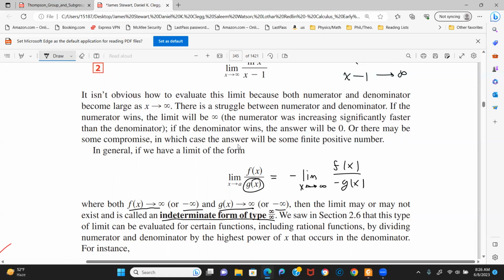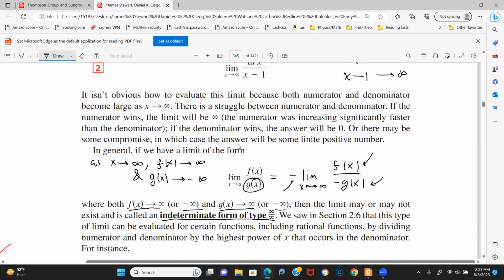So you have ways of converting something like infinity over negative infinity to infinity over infinity. Imagine as x goes to infinity, f of x goes to positive infinity, but g of x goes to negative infinity. This will still give you an indeterminate form, just not directly.